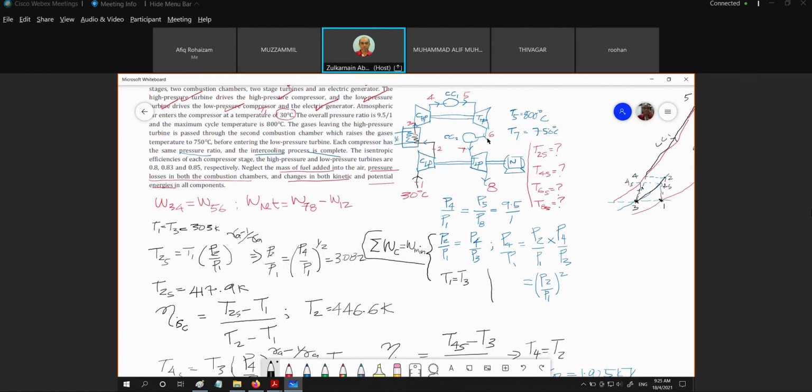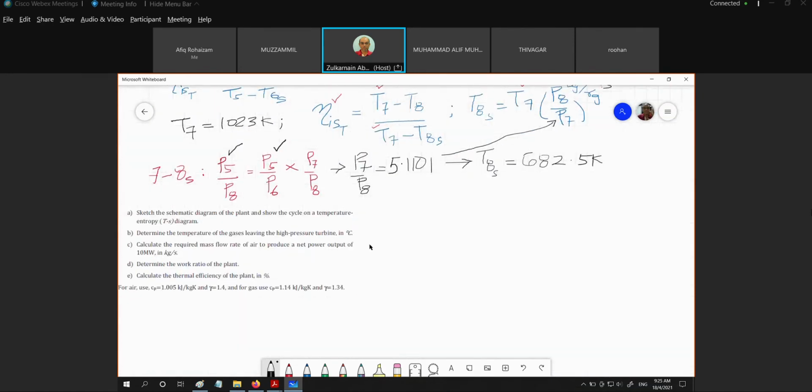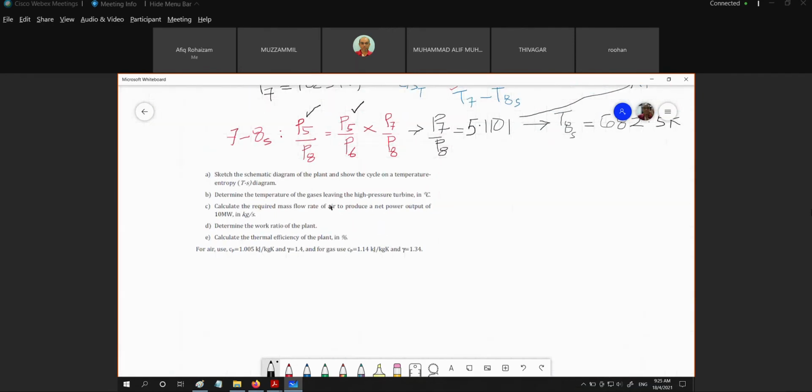In this case, the question for part B is T6, the temperature of the gases leaving the high pressure turbine. We have got the T6.